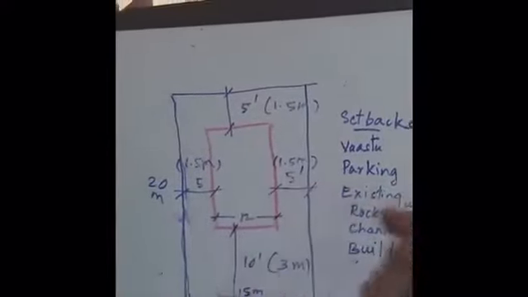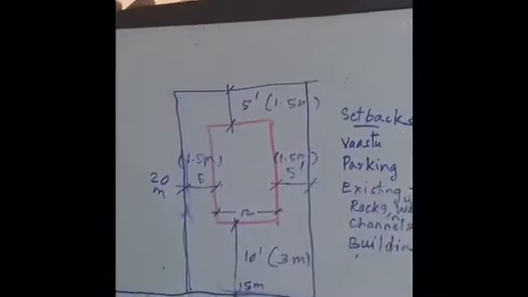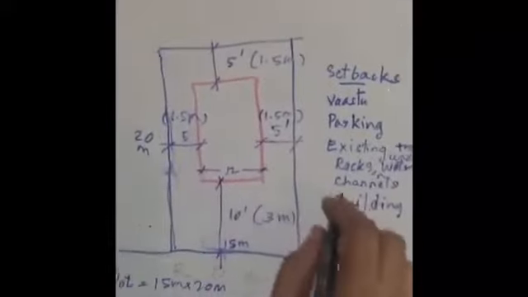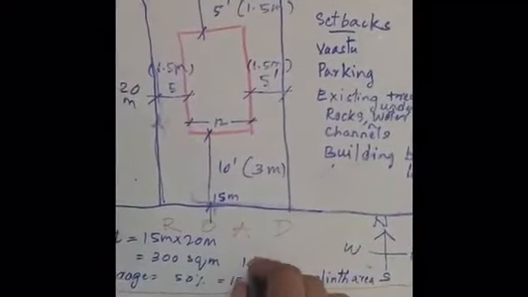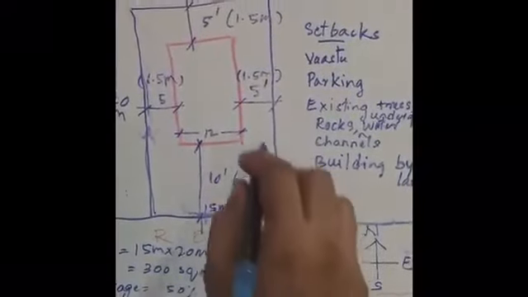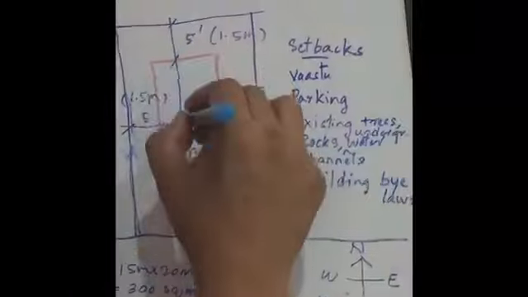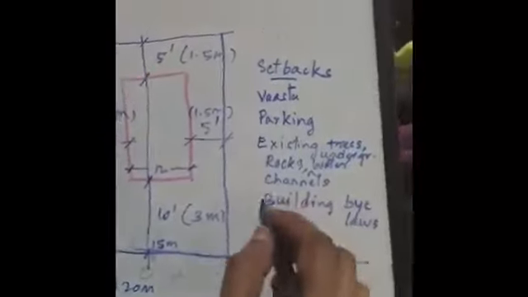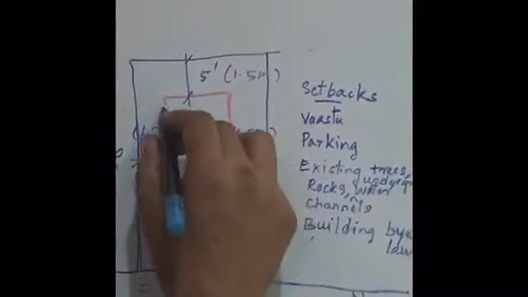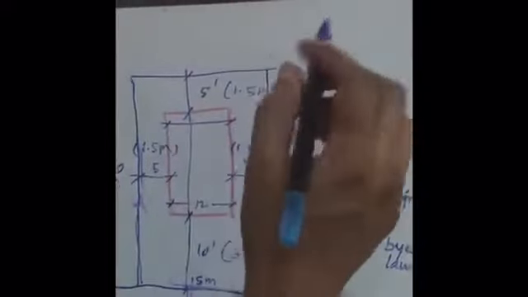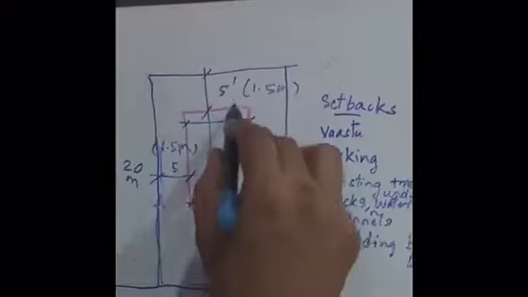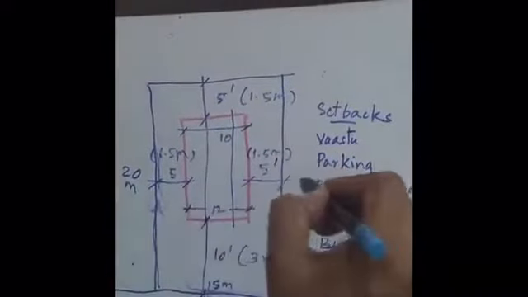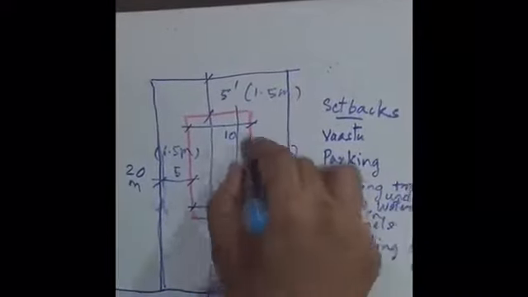So out of the total of, how much was it? 15 by 20 and 50%. This was 10 by 15. I'm sorry, I forgot. This was 10 originally, and then this was 15.